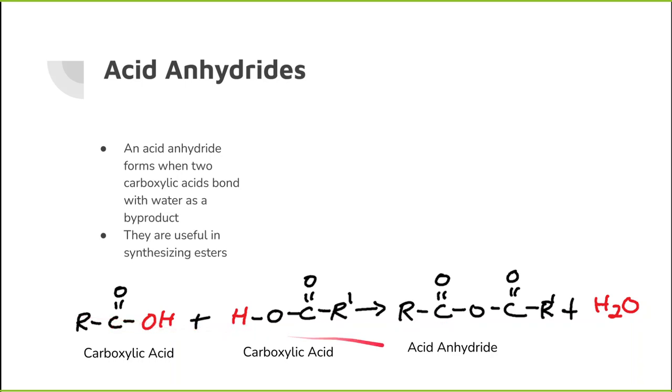You could make out a 3x5 card and maybe put this on the front and then put the answer on the back so you could look at it and say, oh, if I react two carboxylic acids together, what am I going to get? So that might be a good way to prep when it comes to reactions.